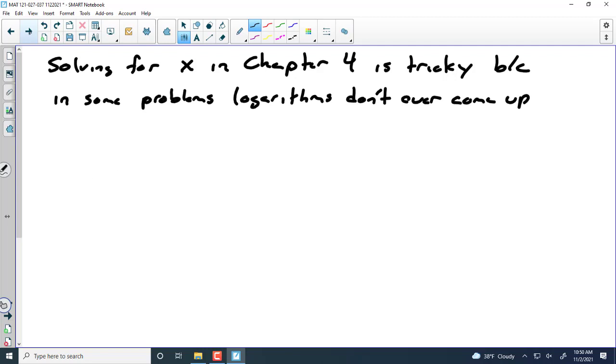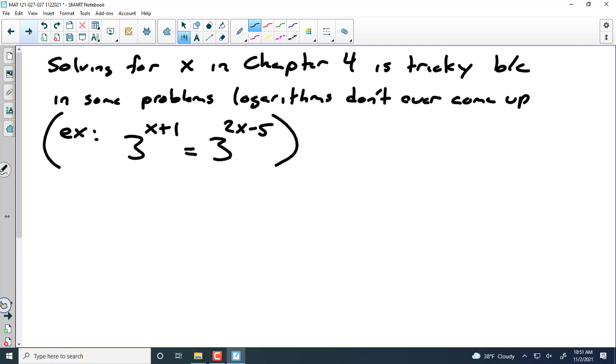There are some problems where we never even see a logarithm. An example of that would be one of our problems where the bases match. We never have to even use logarithms in that problem. We just strip away the bases and just set the powers equal to each other.